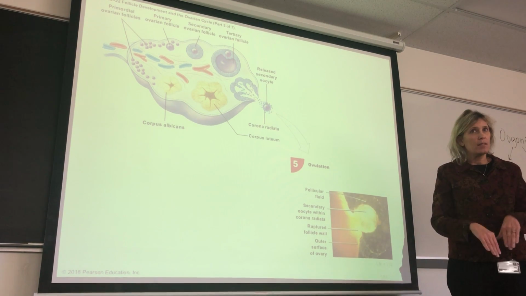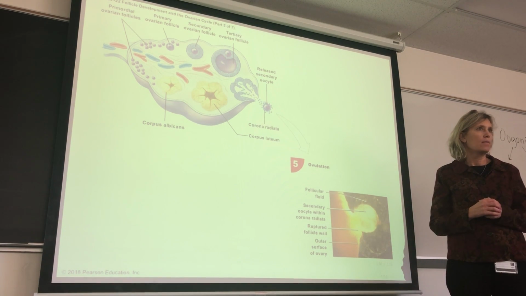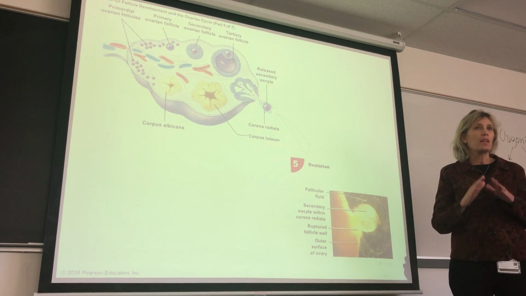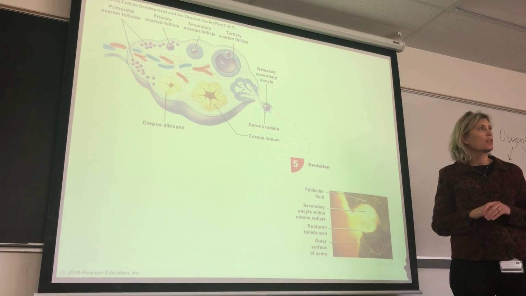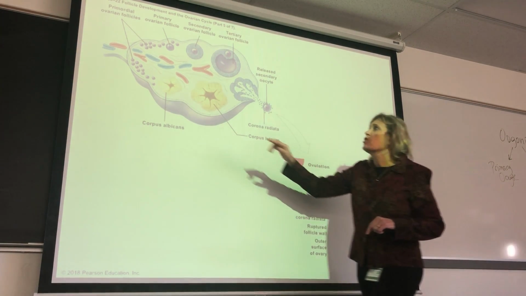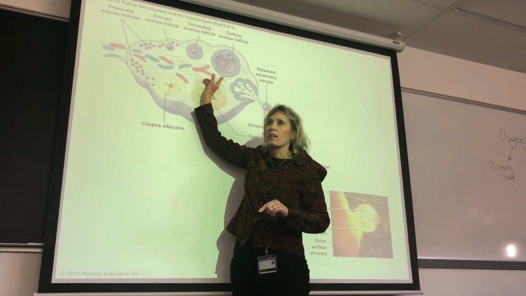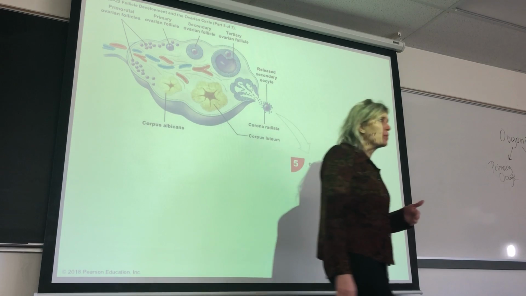When they plummet, that causes the uterus to slough off, to shed. Also, when they plummet, that triggers the hypothalamus to start producing gonadotropin releasing hormone, which stimulates FSH to be released, which starts this whole process over again, because FSH caused these follicles to start developing.